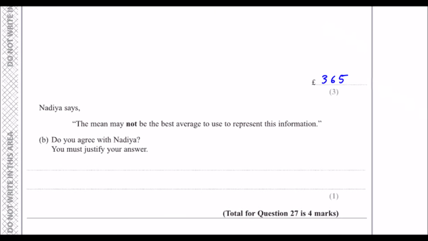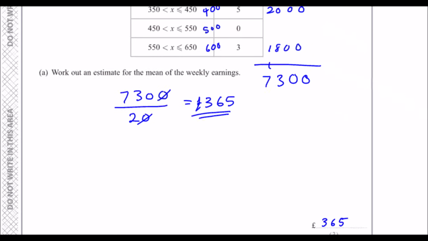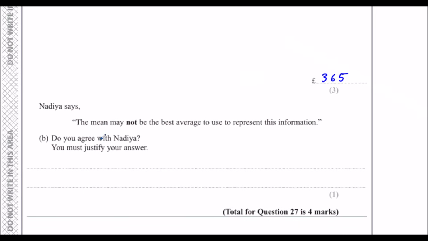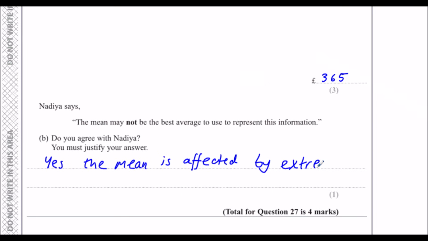So I think there's definitely an argument for that. Do you agree with Nadia? I'll put yes. And the reason is the mean is affected by extreme values. So sometimes it's better to use the median because the mean gets dragged by outliers.